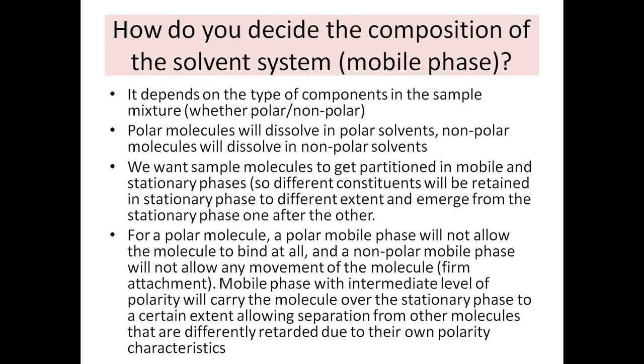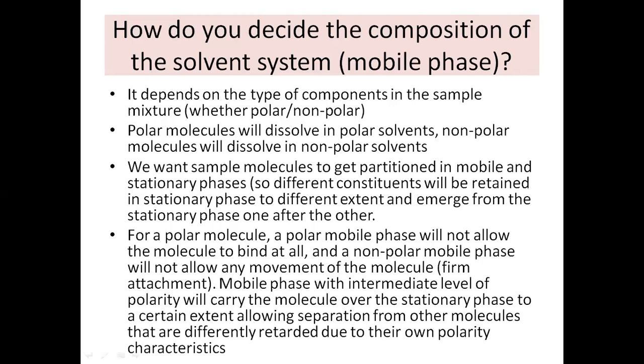And in order to separate such molecules, we employ a solvent system which has different solvents. Some of them are polar solvents, some are non-polar solvents. We have intermediate types of solvent systems. Okay, the idea is that we adjust the polarity of the solvent system in such a way that the different molecules in the sample will get properly separated. Okay, we should have very good separation between the molecules.